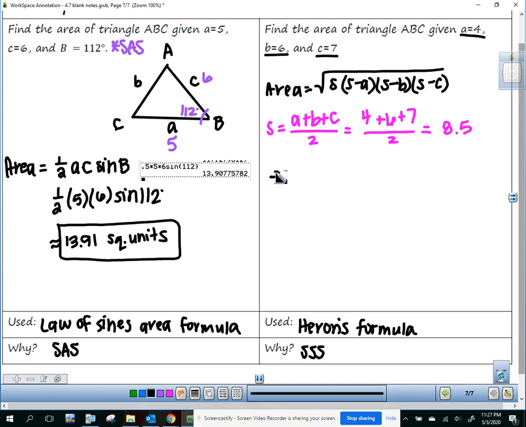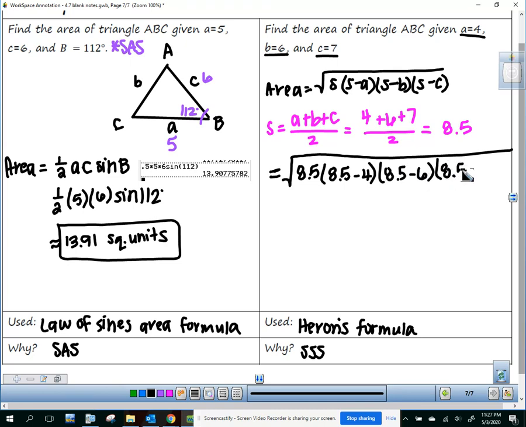So now in the formula, we've got the square root of 8.5 times 8.5 minus a, which is 4, times 8.5 minus b, which is 6, times 8.5 minus c, which is 7. Okay, so you do those calculations. You can calculate each difference and then multiply them all.